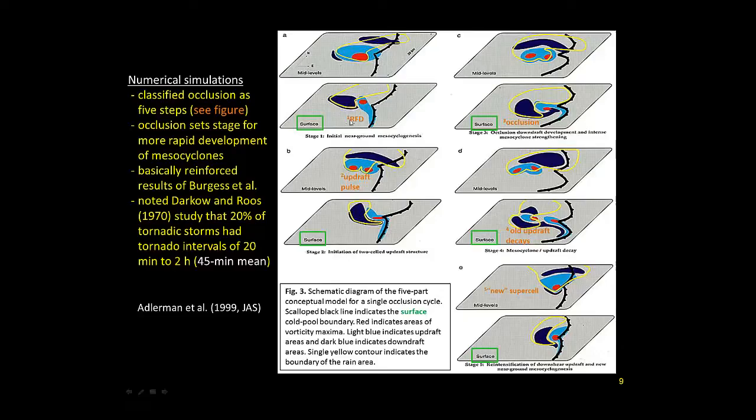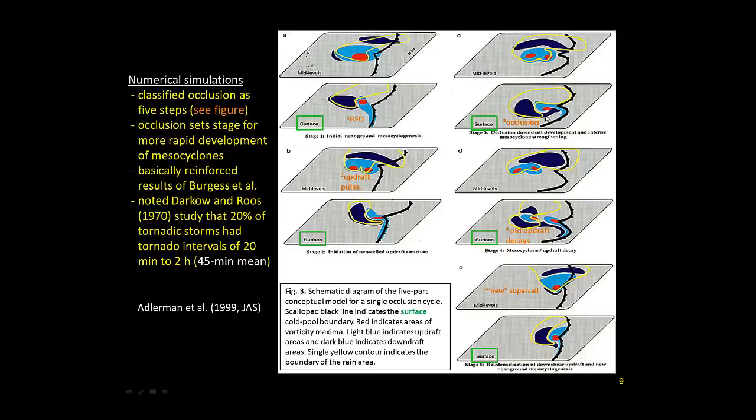So anyway, at stage 1, you have a supercell where the RFD develops, and you're starting to get initial mesocyclogenesis in the low levels. Stage B, you see a pulse in the mid-level updraft, and at the surface, the RFD continues to intensify. You see a hook feature in the reflectivity field.